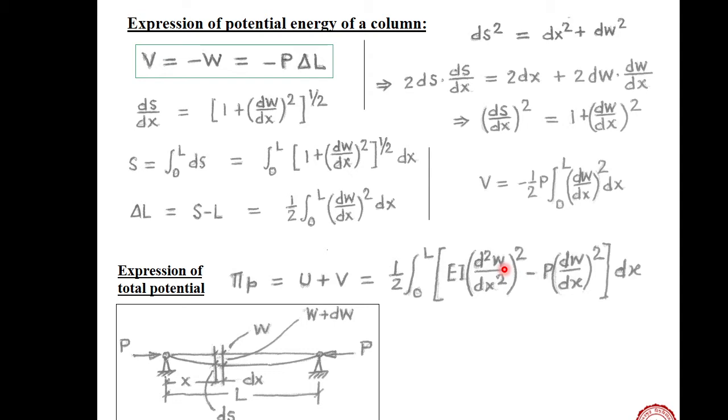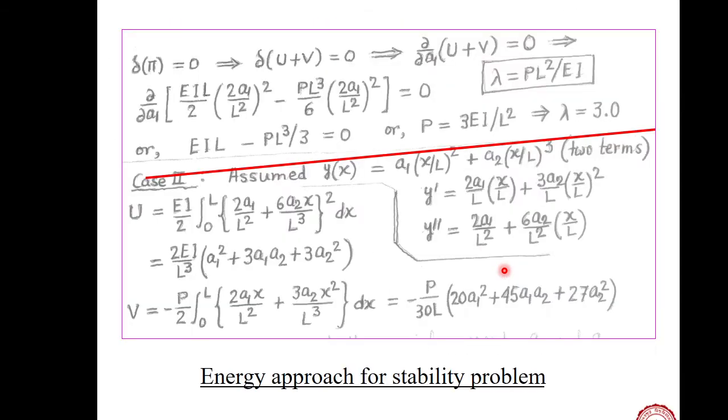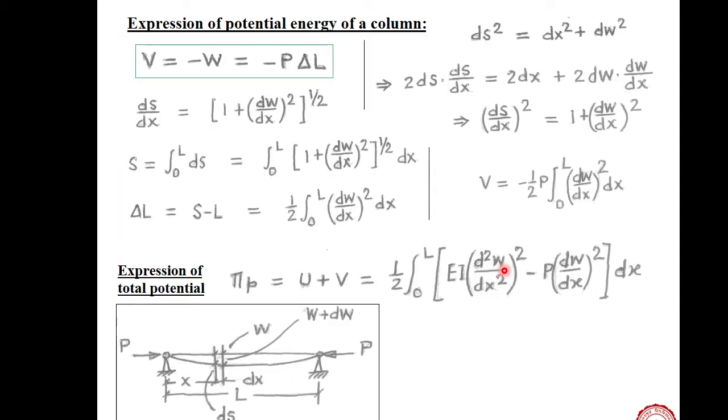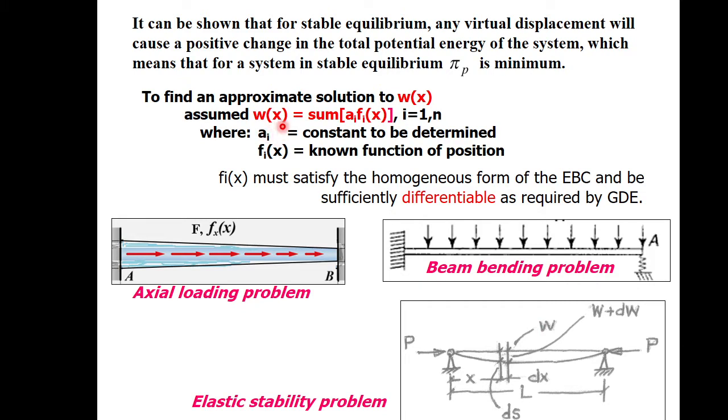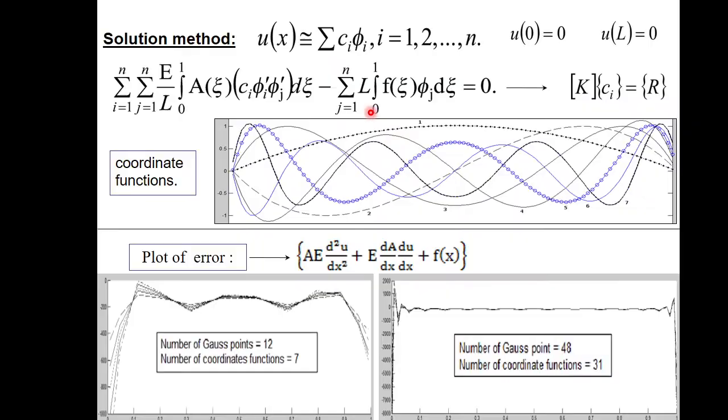Yes. And in that form, we'll substitute this W by our assumed series of unknown coefficients. That means we are forming an approximate W as a sum of Ai into phi i. Wx is the sum of Ai phi i, where A is unknown and phi is some function satisfying boundary conditions.